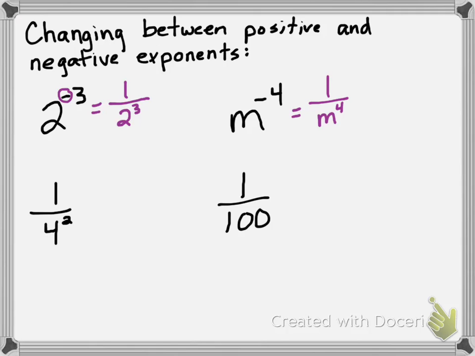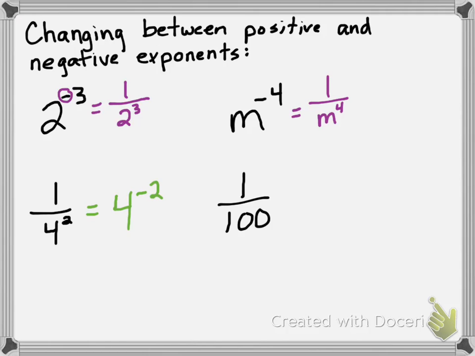So that means that the exponent is actually negative. So I can take it out of the denominator as long as I put the negative in the exponent. Okay? It's kind of like an either or thing. They mean the same thing. So you can either put it in the denominator or you can use a negative sign in the exponent. It's the same thing. It just depends on which one you need for that specific problem.